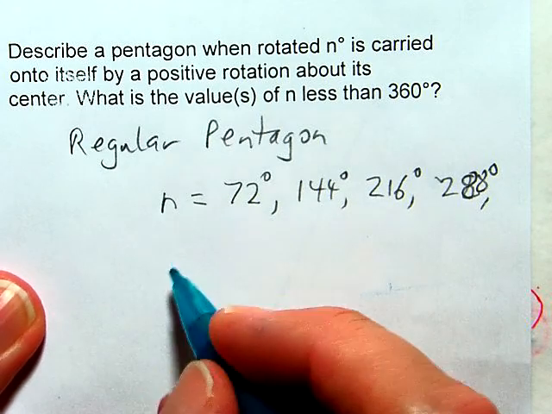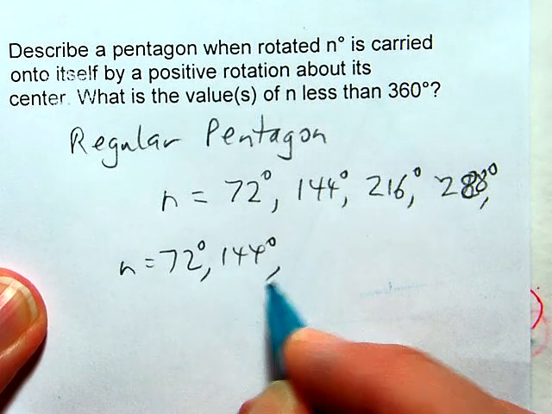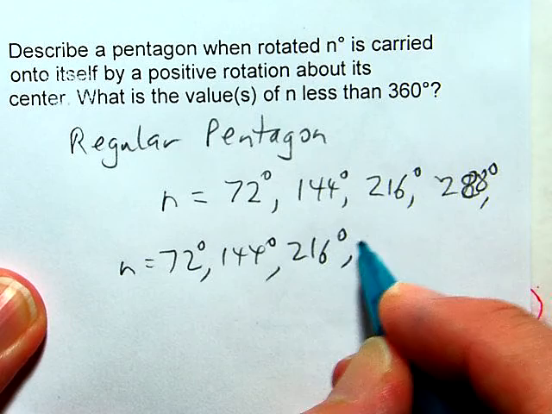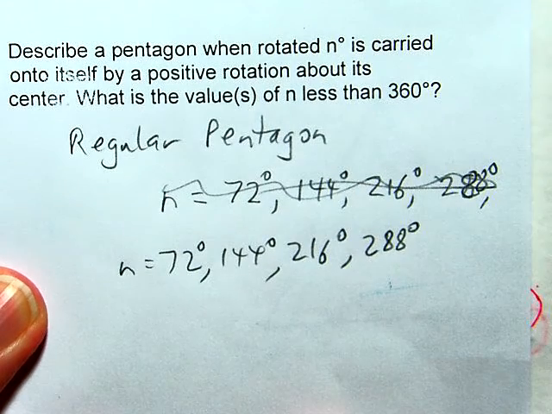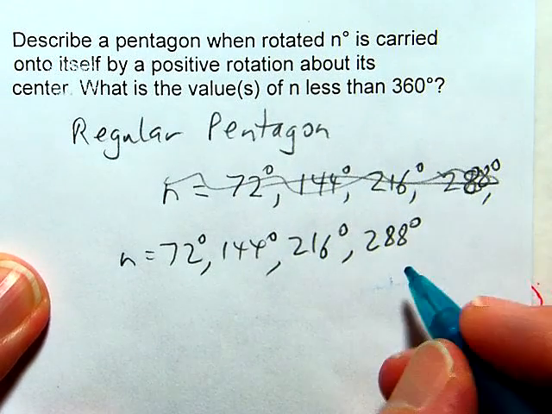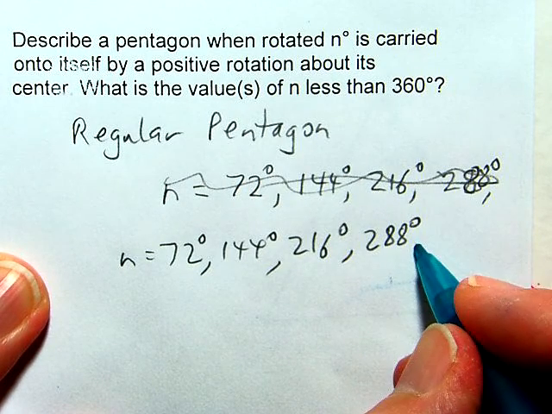So n can equal 72 degrees, 144 degrees, 216 degrees, or 288 degrees. If we added 72 degrees again to this, we would come back to 360 degrees.